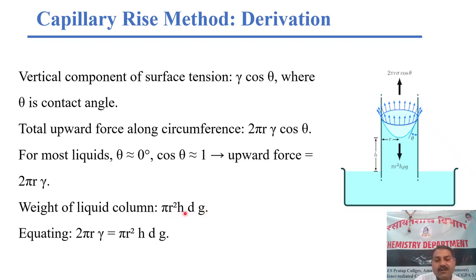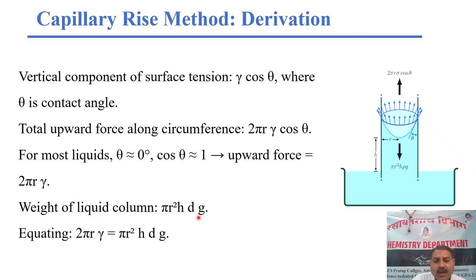The mass of the liquid that rises in the capillary is the area of the liquid in the capillary of radius r, times h, the height of the liquid rise, and d is the density of the liquid. So area into height into density gives the mass of the liquid risen in the capillary. Mass into acceleration due to gravity gives the downward force, that is the weight of the liquid column.